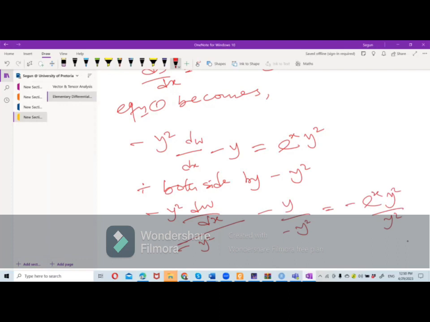If I divide both sides, what do I have? This goes with this, this goes with this, and the negatives cross out. So I'm left with this.